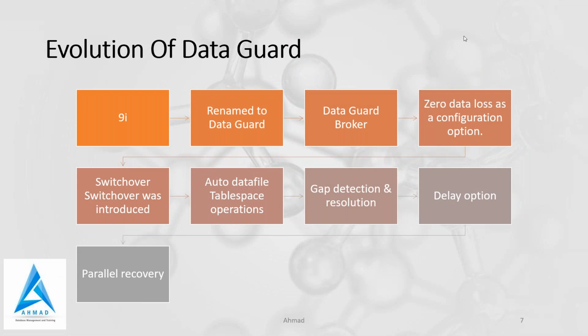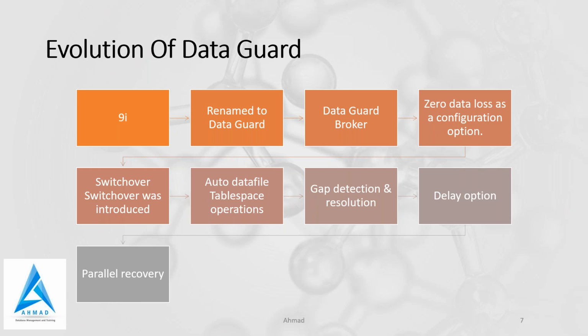In 9i, there was a big evolution in Data Guard. The name changed from standby to Data Guard. Then in 9i, Data Guard Broker was introduced, which is a different tool or utility by which you can configure and manage Data Guard.